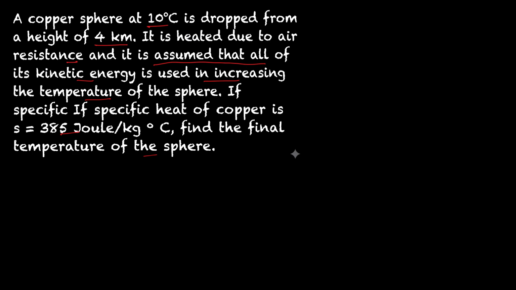Now we know if something is falling from height h, we can write v squared equals 2gh. So if I substitute the values, 2 into g, that is 10, into h equal to 4000, we can calculate v from this.